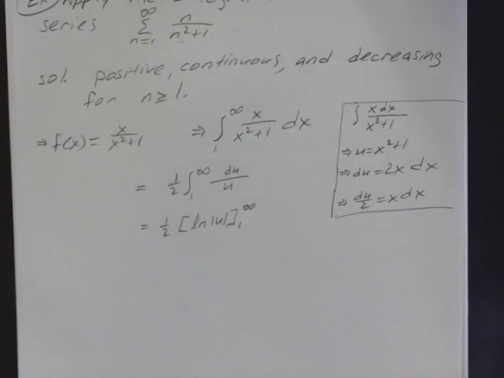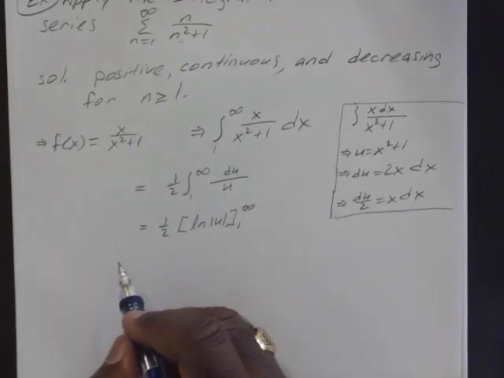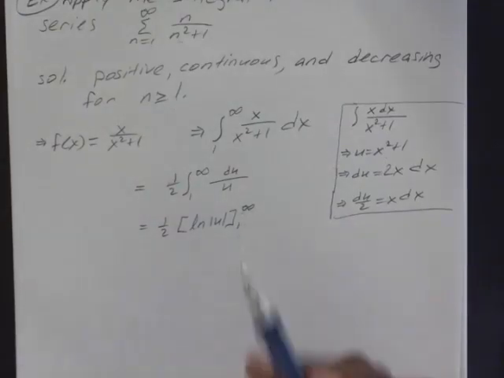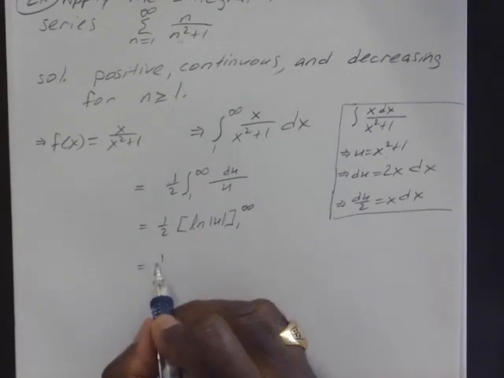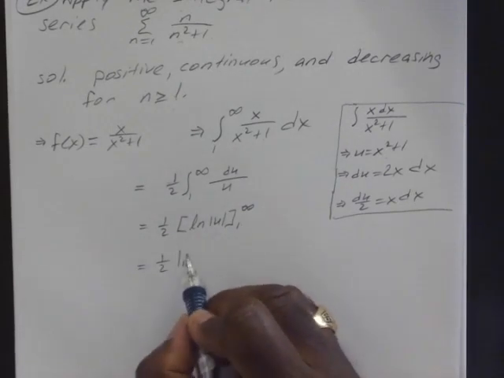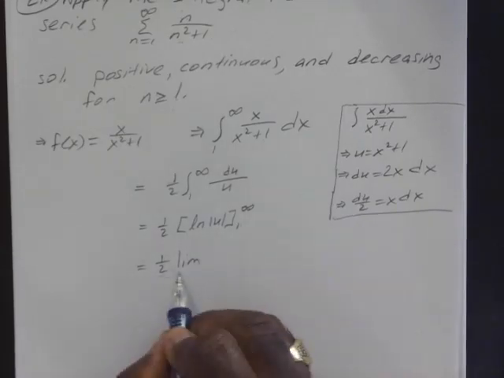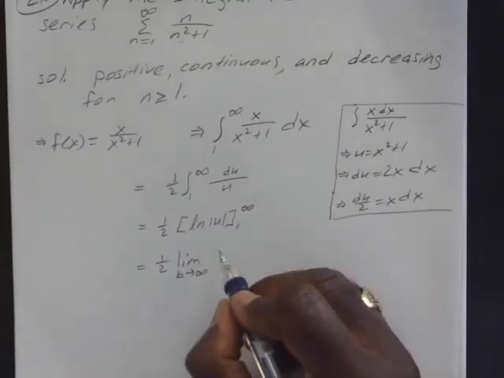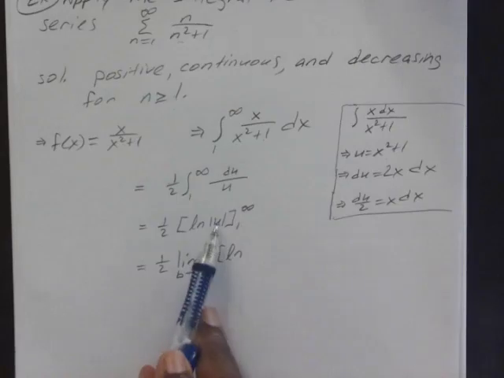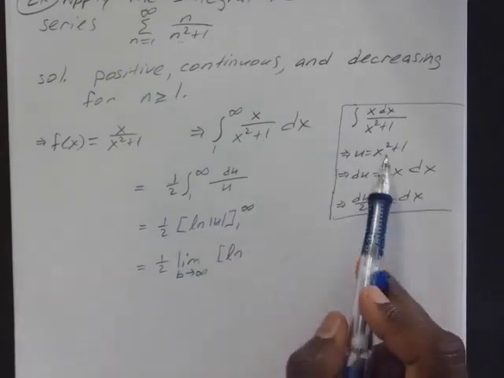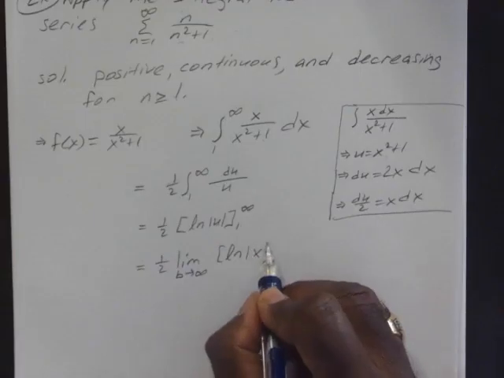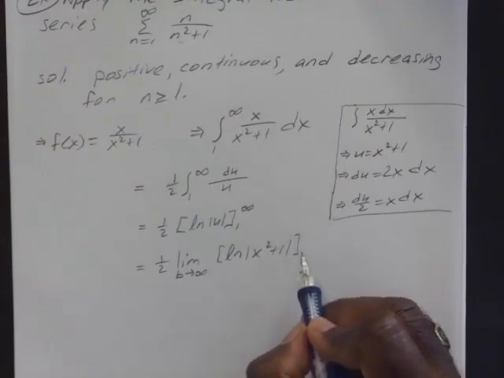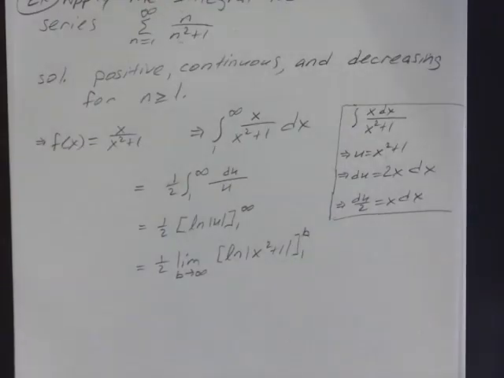Okay, but going from 1 to infinity, we can't just plug in infinity. That's just 1/2 times the limit, and you can use t or b or whatever you like, as b approaches infinity of the natural log, and we'll go ahead and replace that u with x squared plus 1, from 1 to your value b.